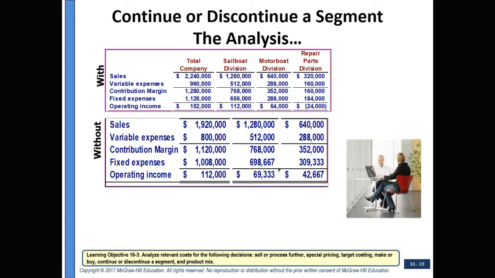Total company income is $152,000 with the repair parts division, but it would only be $112,000 if we were to discontinue the repair parts division. In other words, the operating income would actually decrease $40,000 if we were to eliminate the repair parts division.